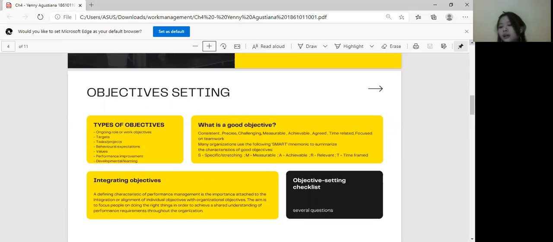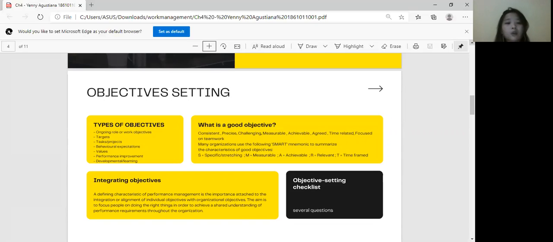And after that, behavior expectations are set out generally in a competency framework, but they may also be defined individually under the framework headings. Then values: expectations can be defined for upholding the core values of the organization. The aim will be to ensure that espoused values become values in use.